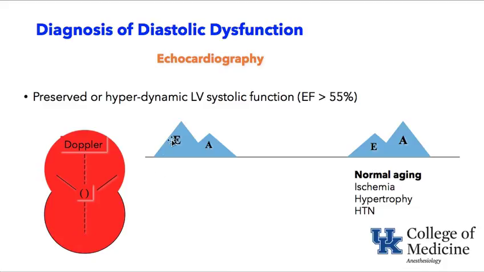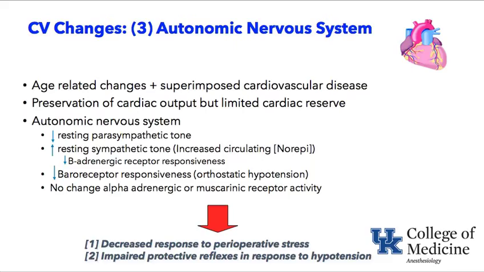E represents the passive filling that occurs of the left ventricle when the mitral valve opens, followed by diastasis, followed by the atrial kick in the patient with sinus rhythm, and usually the E wave velocity is higher than the A wave velocity. And in this case, as you age, there can be a reversal of this, and this may be an indicator of diastolic dysfunction. That is a simplistic explanation of using echocardiography to diagnose diastolic dysfunction.